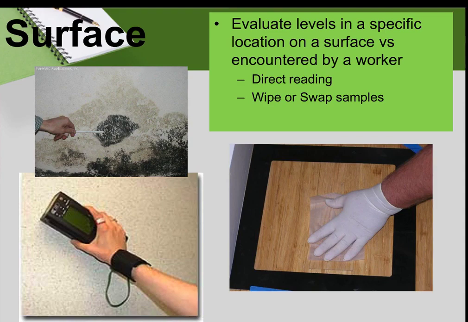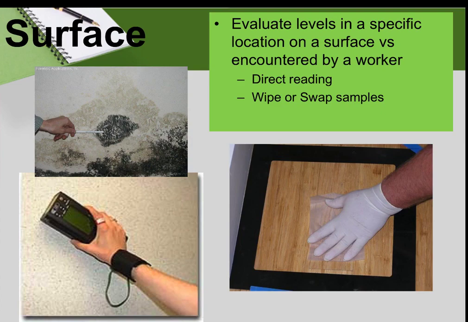And then finally, there's surface sampling. Surface sampling can be seen as a type of bulk sampling. It evaluates levels on a specific location. It is considered a wipe sample, not a swipe sample, and it can be done with direct reading instruments.